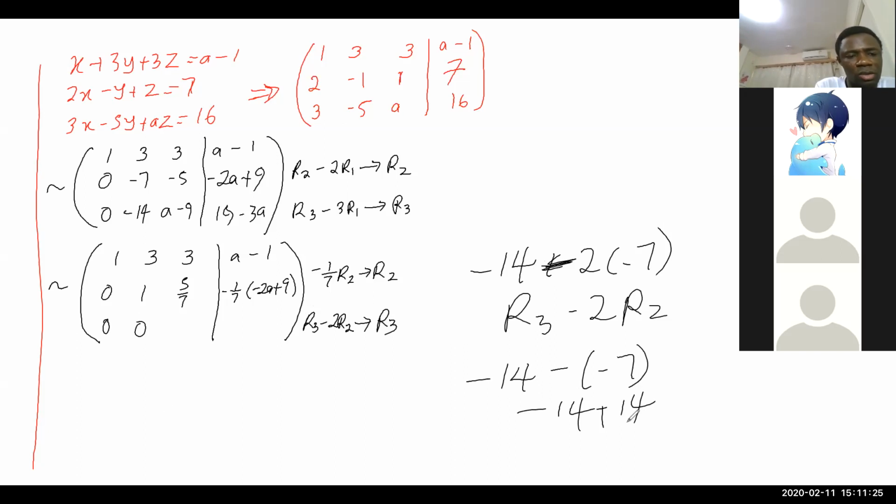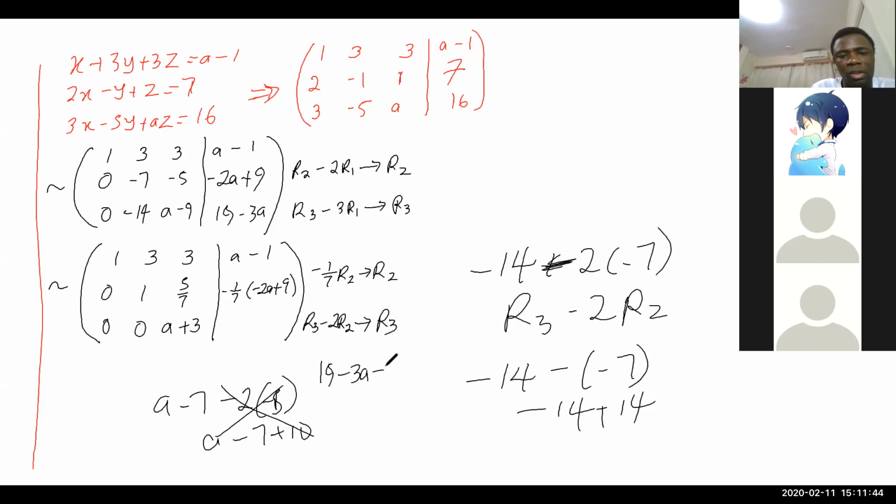And the last one, a minus 7, that's row 3 minus 2 row 2, which is negative 5. So a minus 7 plus 10, that is a plus 3. Yes. And then the other part, 19 minus 3a minus 2 row. The third coefficient is a minus 9.